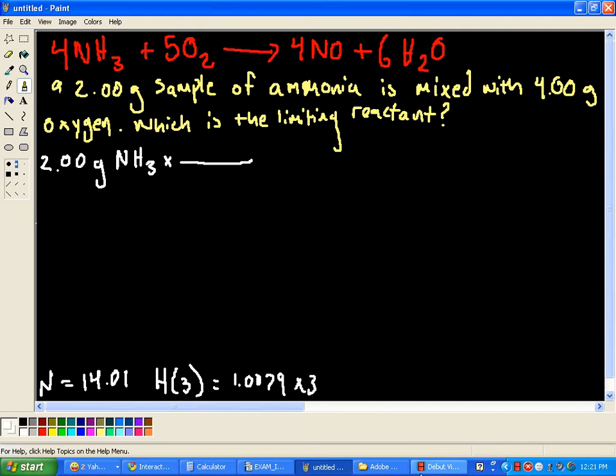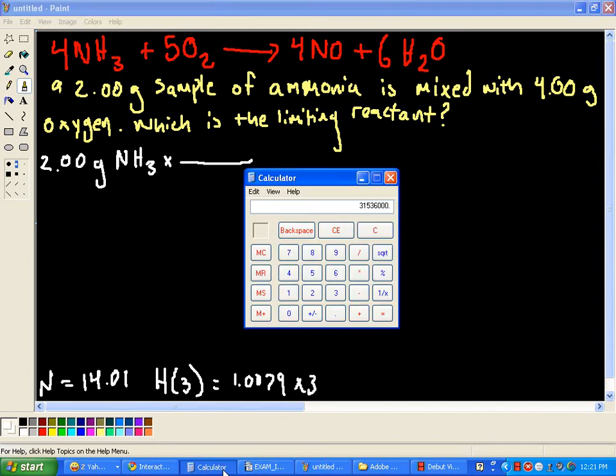So we're going to do that on our calculator here. The mass of 3 hydrogens is going to be 3.0237 or 3.0234.